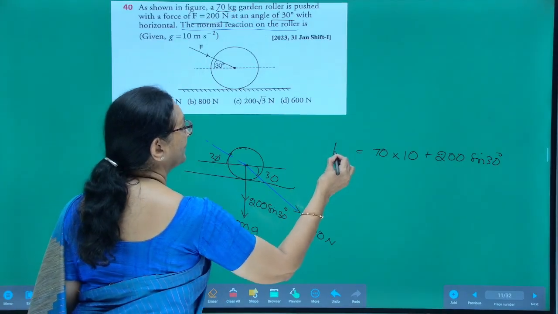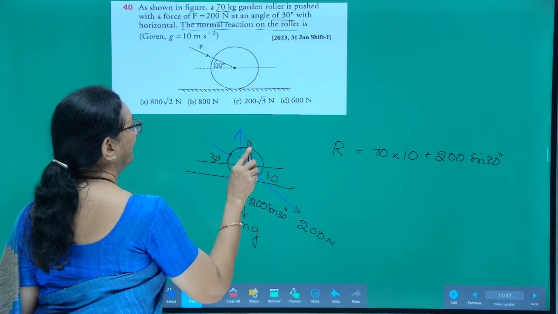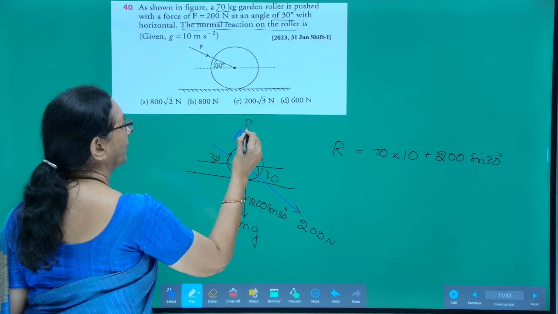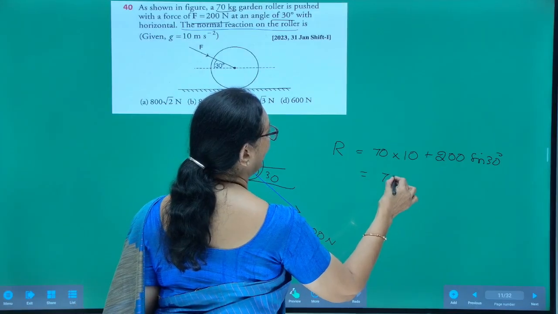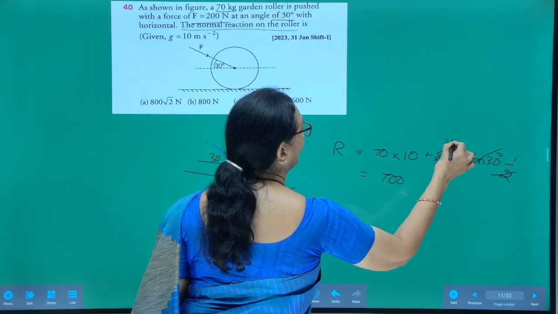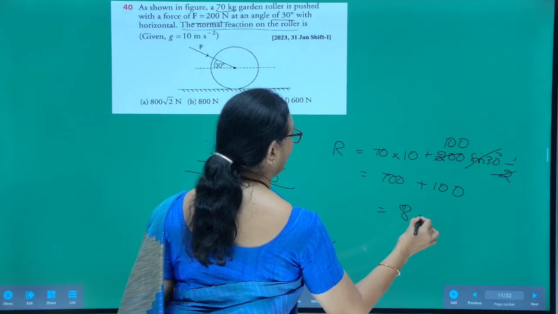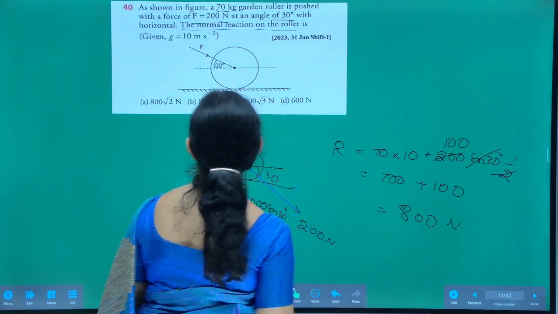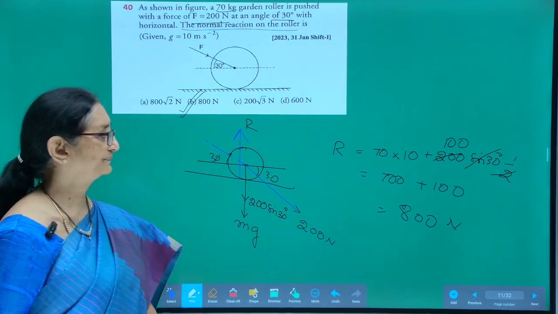So, the normal reaction exerted by the ground on the roller is the same thing. So, this is 700, sin 30 is 1 by 2. This is 700 plus 100, it is 800 Newton. This is the correct answer for that problem.